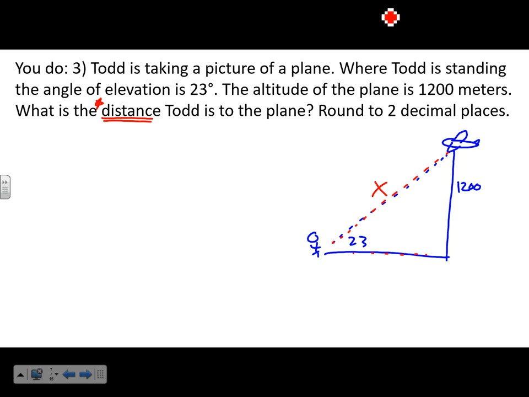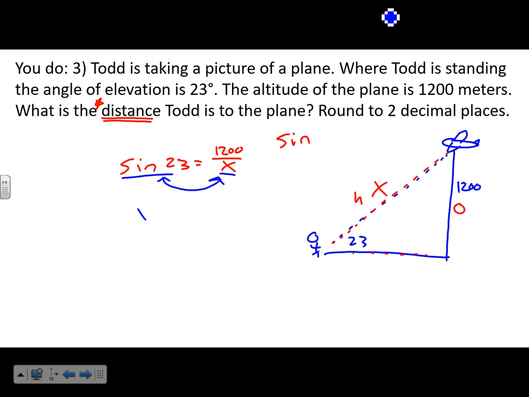So we have our opposite and our hypotenuse, so we're going to use sine. So we have the sine of 23 is equal to the opposite over the hypotenuse, which is 1200 over the hypotenuse, our x. Now remember, this is the one where we have the x in the denominator, so we have to take these two and switch those.